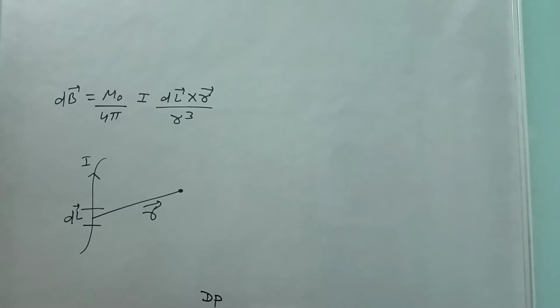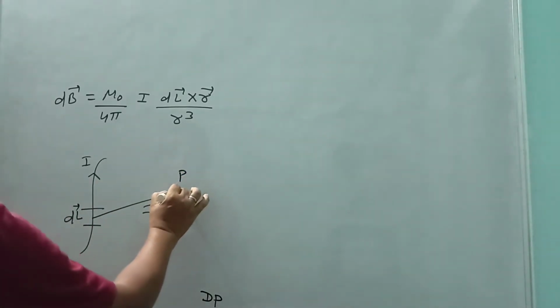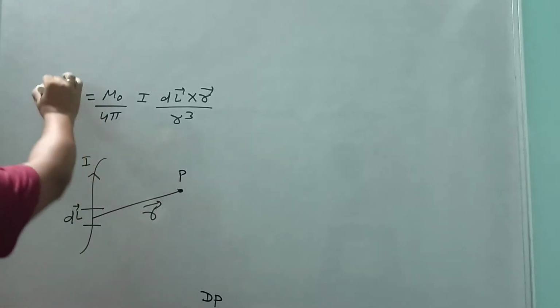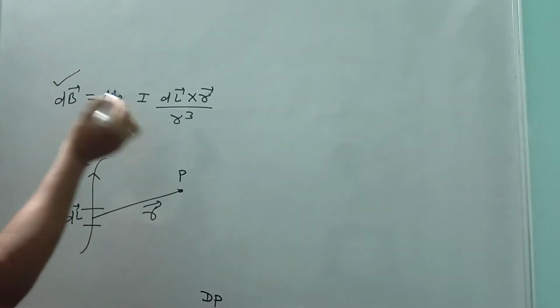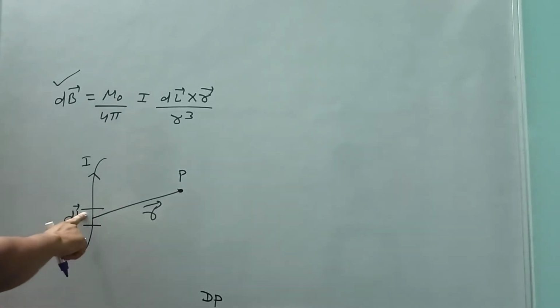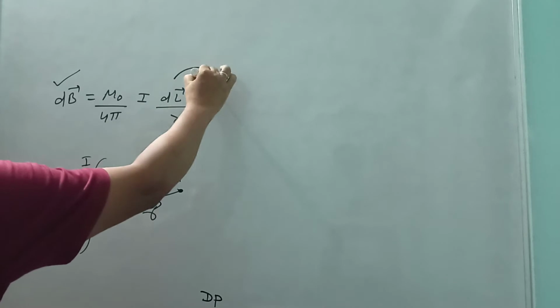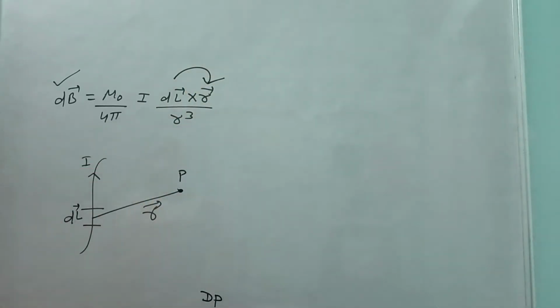R vector is nothing but the position vector of this point P where magnetic field is dB. And what is dl cross r? I mean dl to r rotation. So how to know the direction?